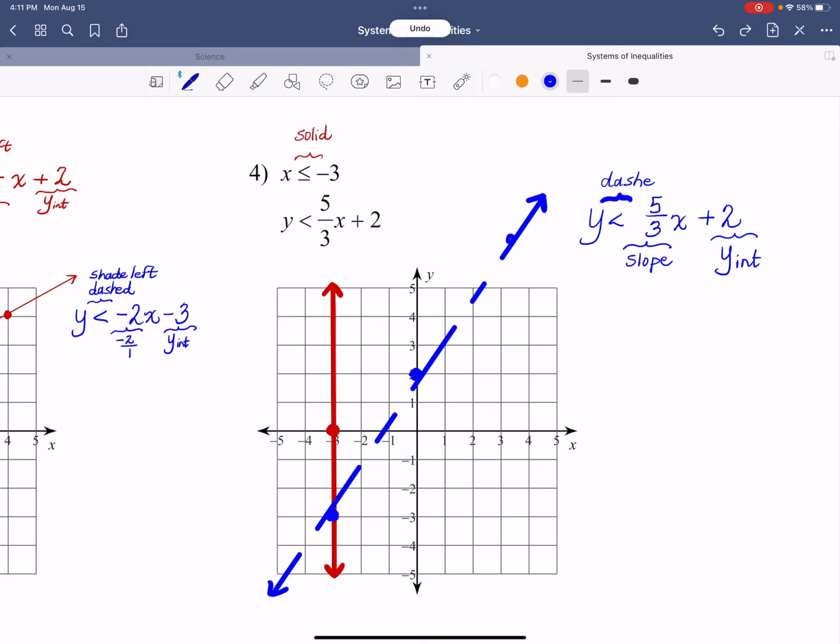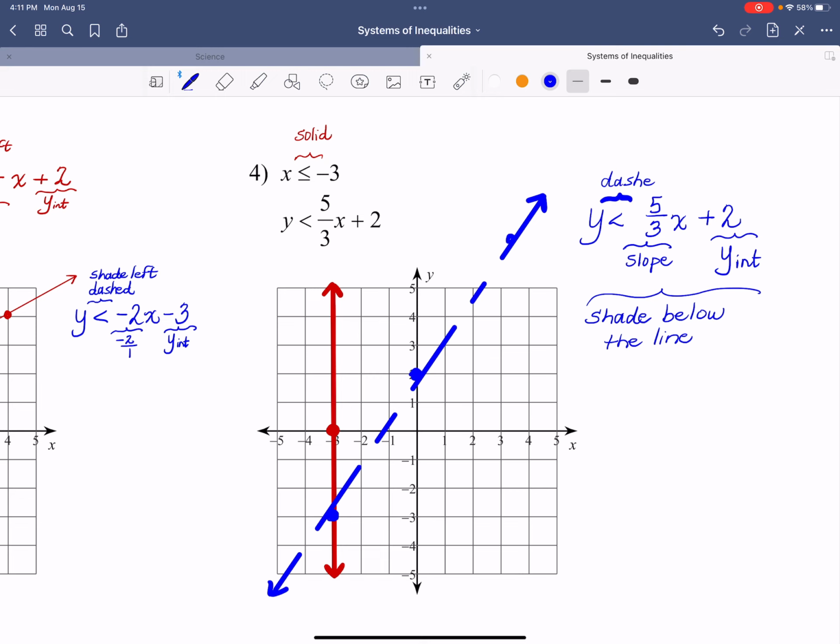This is saying, all of this, that y, it's saying to shade below the line. That's another way on a number line. Left is below 0, so we're shading below the line.